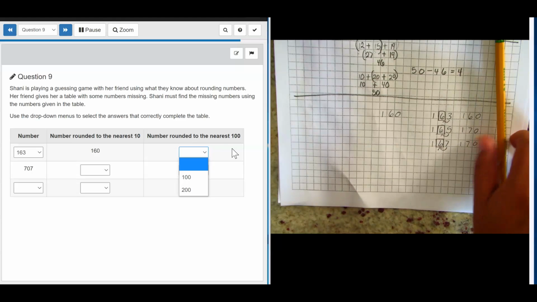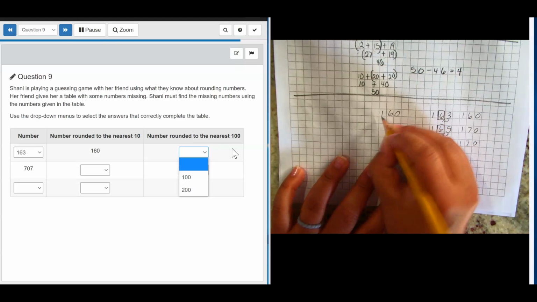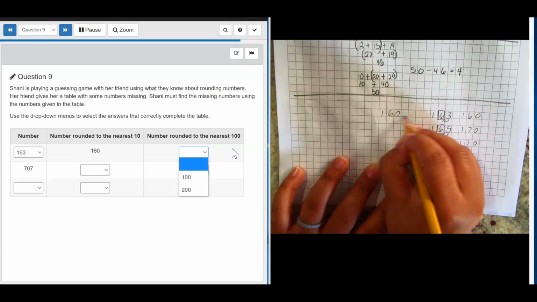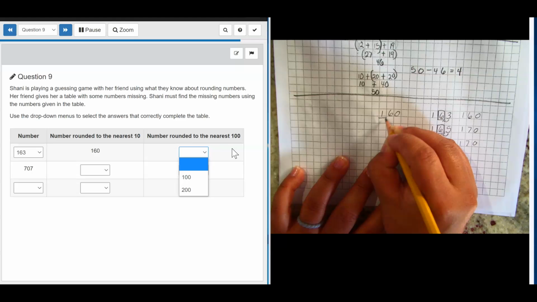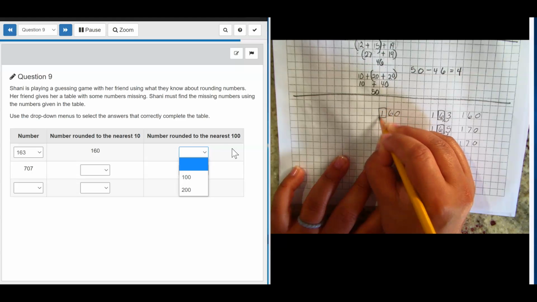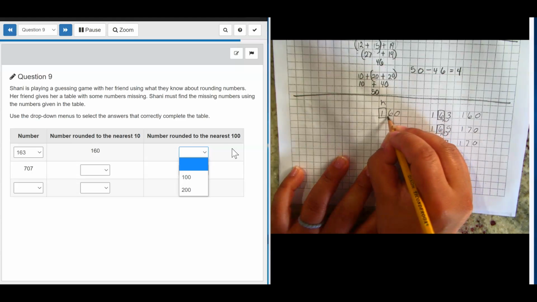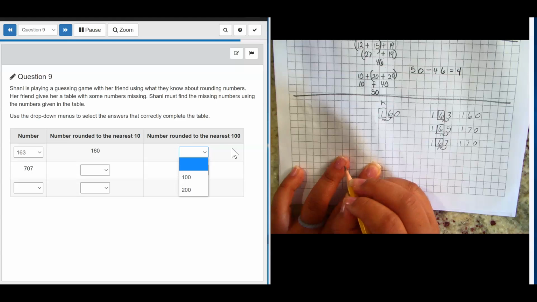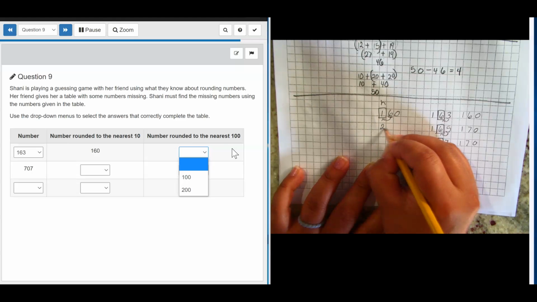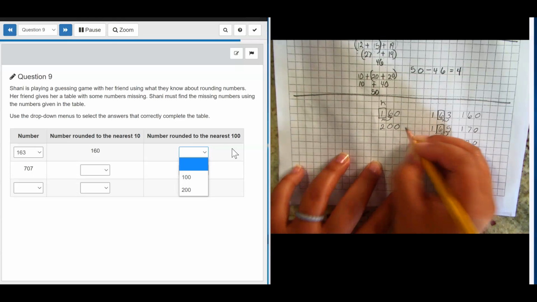Looking at 160, now I'm looking at the hundreds place, and I can put an H here to remind me hundreds place. What does my number to the right tell my hundreds place to do? Round to 200.